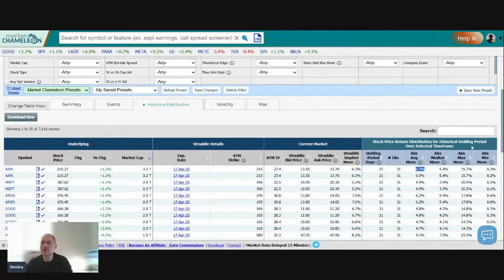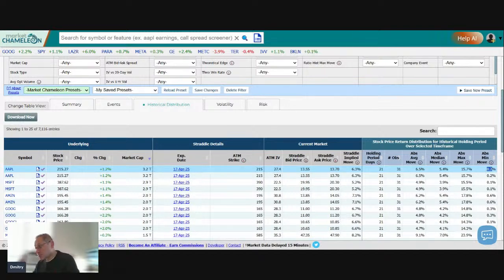So the highest move was 15.7%. The lowest move was 0.2%. So it barely moved. It could happen that the stock moves around, but after 21 days goes back to where it was at the start. We've seen this move as much as 15.7%.